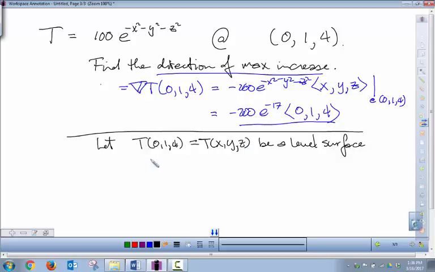What did I just write? What's this? So remember, a level curve or a level surface is if you let the function equal a constant. If I put this point, 0, 1, 4, into the function, I'm going to get a number, right?